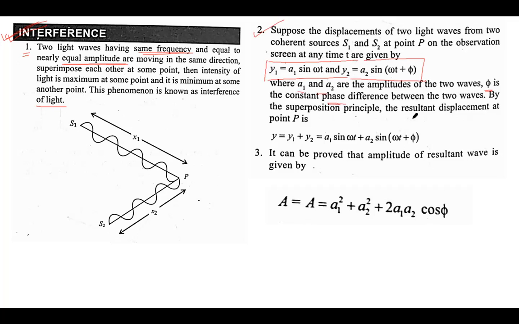By the principle of superposition, the resultant displacement will be given by y is equal to y1 plus y2. इन दोनों को ऐड कर देंगे, a1 sin omega t plus a2 sin(omega t plus phi). It can be proved that amplitude of resultant wave is given by a is equal to root of a1 square plus a2 square plus 2a1 a2 cos phi.